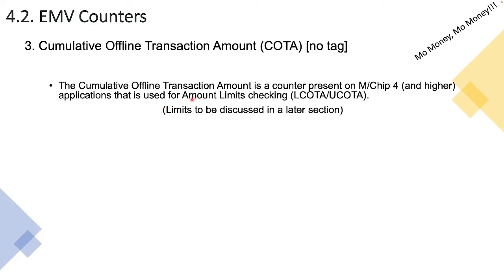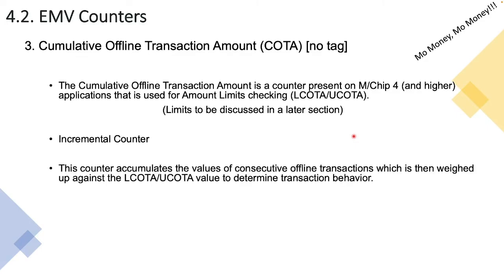that is used for amount limit checking, right? So we are going to be adding sums of transaction amounts that we will use at a later stage to compare against a limit of some sort. Right? And remember, we're going to discuss limits at a later point. This is an incremental counter. Okay, and what this means is that we're going to start at a base value and we are going to add to it.